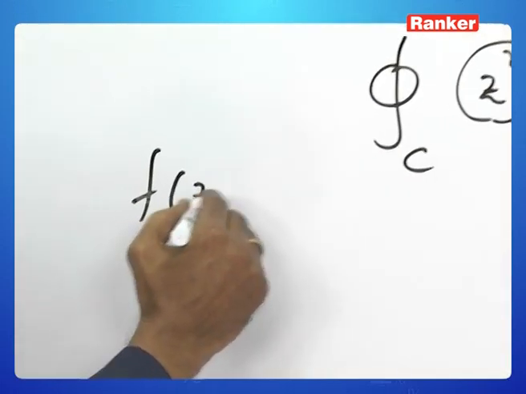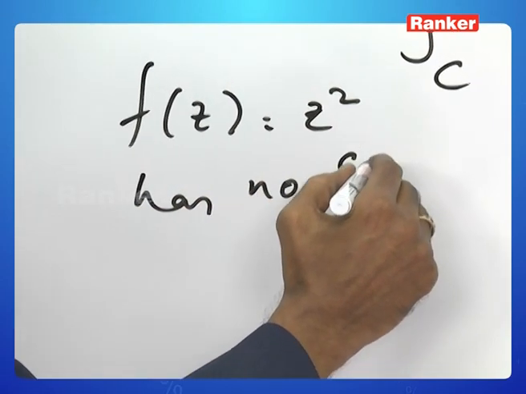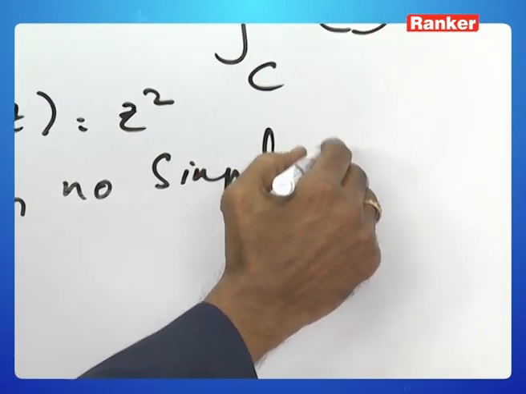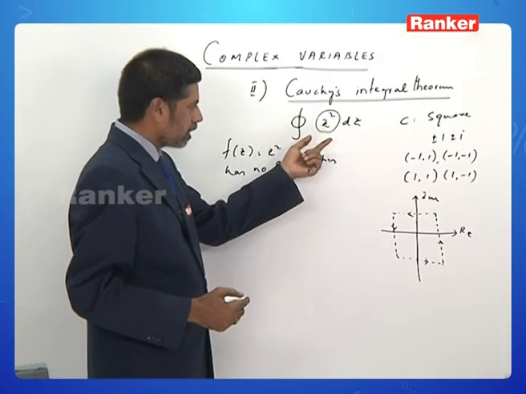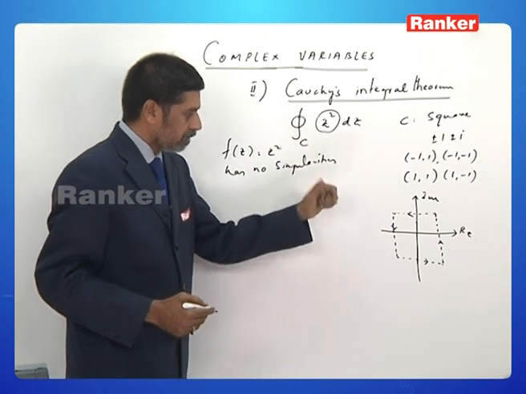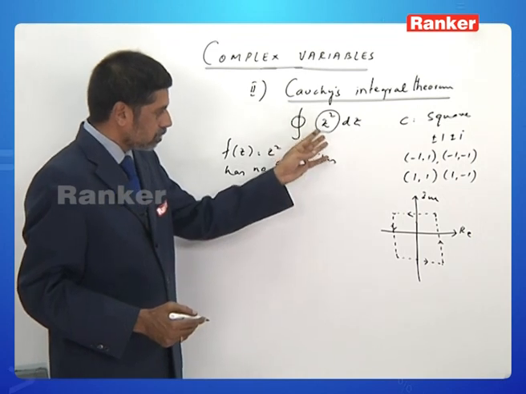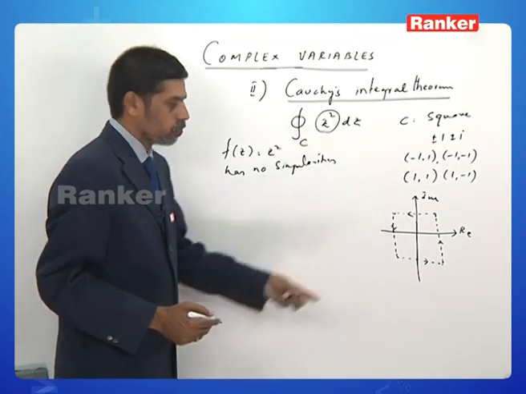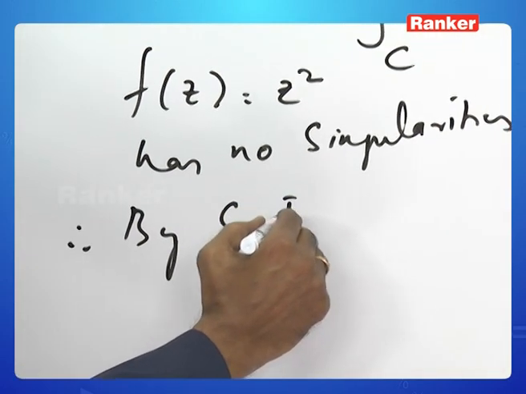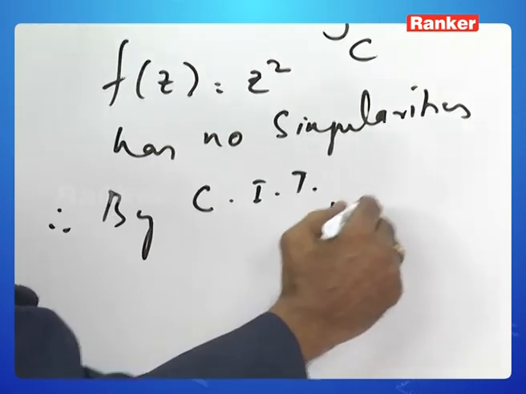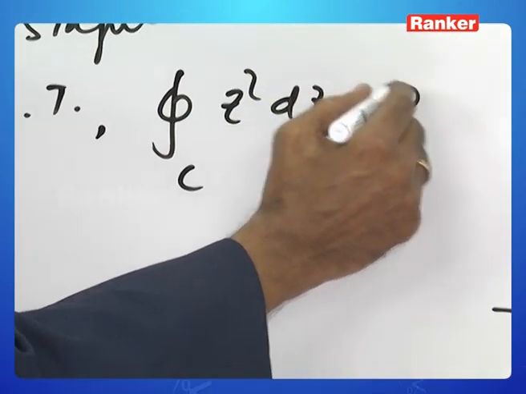If you look at f of z is equal to z squared, this has no singularities. It has no singularities means it is defined and differentiable at all points in the complex plane. So therefore it has no singularities even with respect to this square. Therefore, by Cauchy's integral theorem, integral over C of z square dz has to be 0.